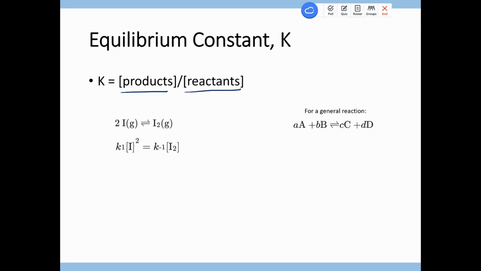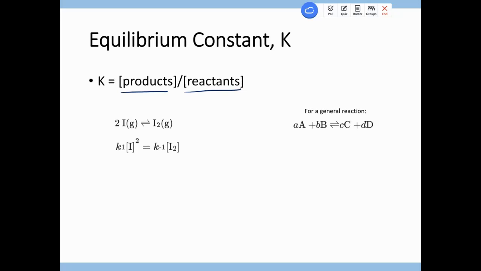On the left side here, we'll show how we derive the equation for K, and then we'll write that for a generic equation as well. So for the equilibrium reaction we've been talking about, iodine forming diiodine, at equilibrium, the rate constant of the forward reaction times concentration of reactant squared equals the rate constant of the reverse reaction times concentration of product.